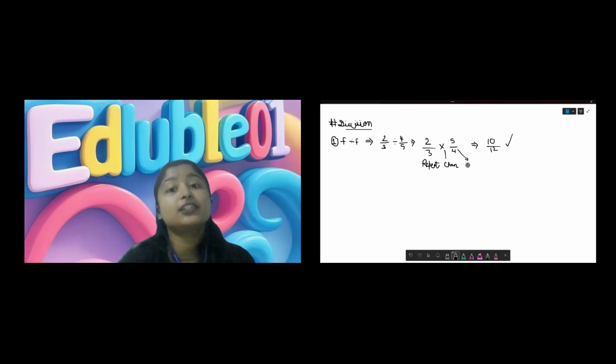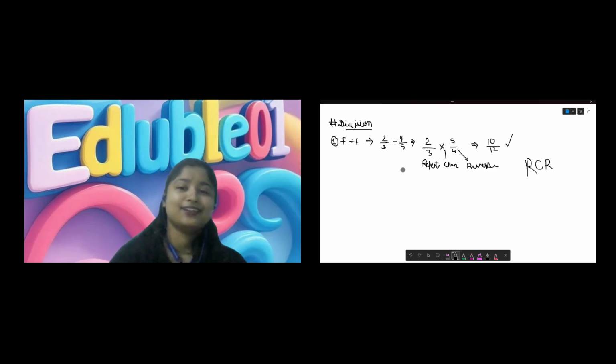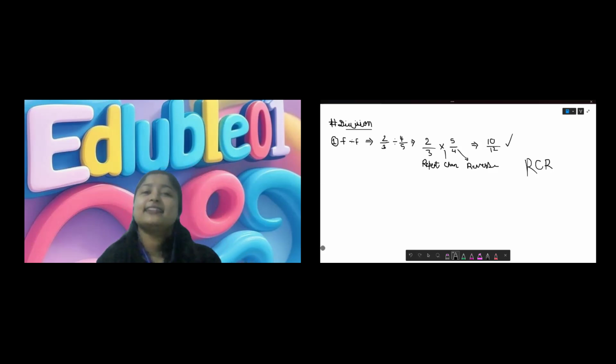This is the RCR: repeat, change, and reverse. You just need to follow this rule of RCR. Not RCB though, it's RCR.